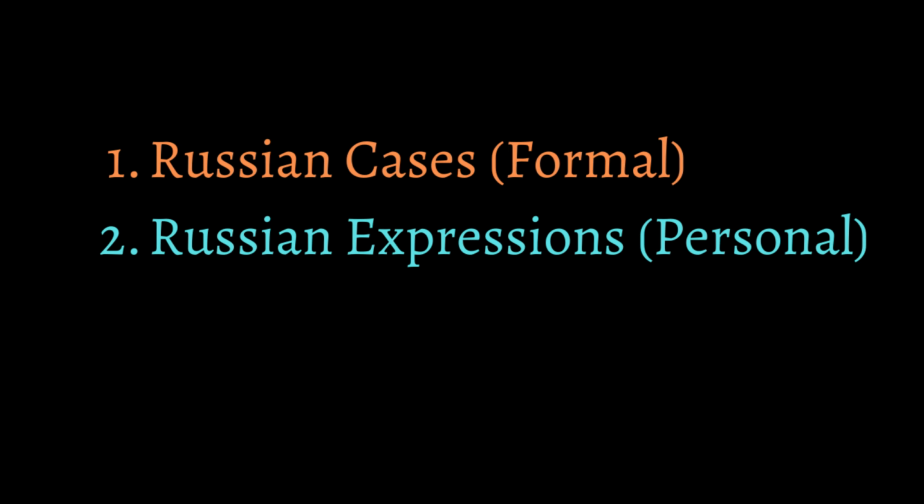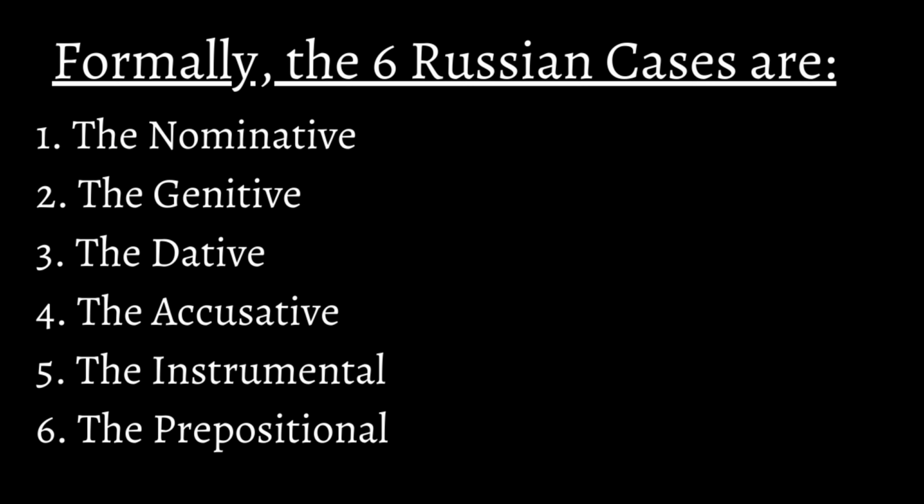Later in the video, I'll give specific phrases with new grammar, but you don't have to focus on that. Simply focus on the modified words themselves. I'll also show the definitive translations of each case because they'll make much more sense when you visually see what each case is about. So, the 6 Russian cases, in order, are the nominative, genitive, dative, accusative, instrumental, and prepositional.